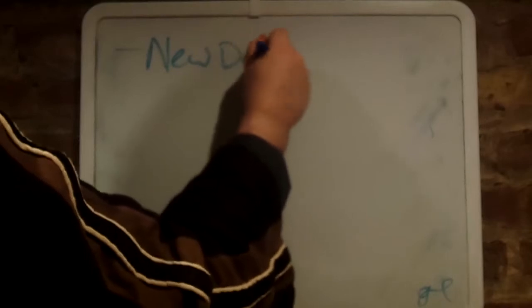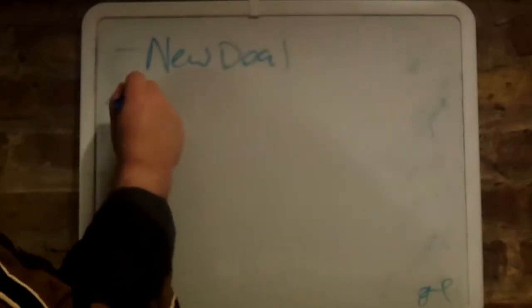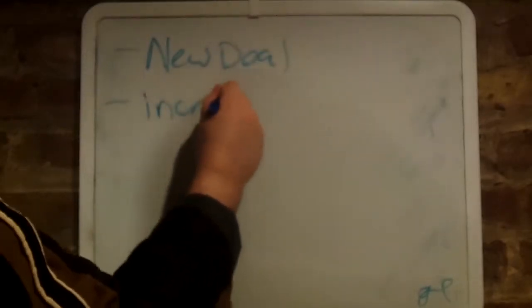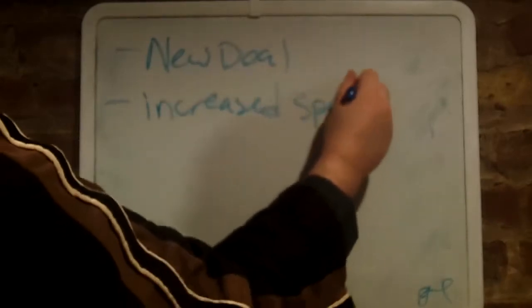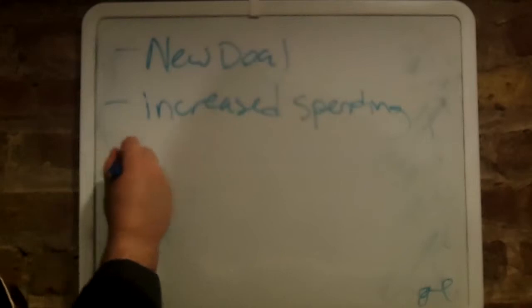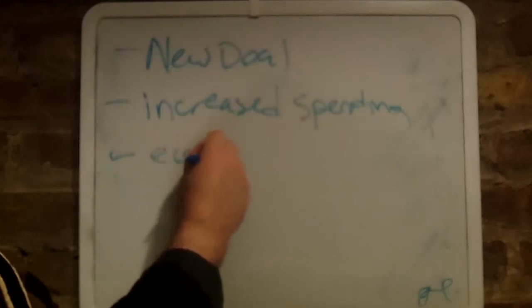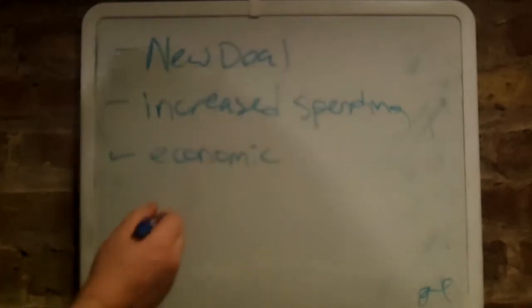So the New Deal programs include a number of greatly increased spending, work programs, I guess you could call them economic laws, wage and price controls, all kinds of crazy programs like that.